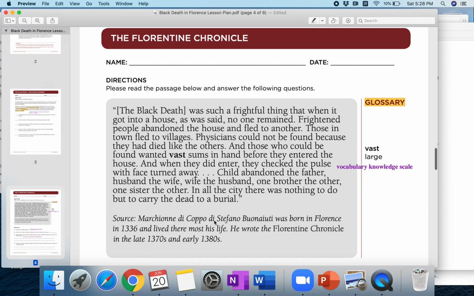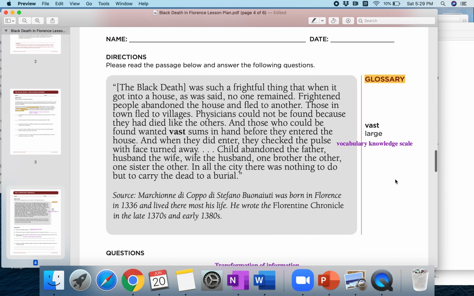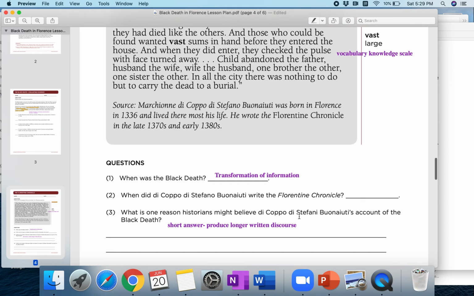Here is the rather short passage that the students need to read that is related to the Black Death. I like that here it points out the glossary of words that the students might find hard to comprehend, such as vast, and it also gives a synonym here to help students to grasp the meaning. This would be a point where the students can build up their vocabulary knowledge scale.